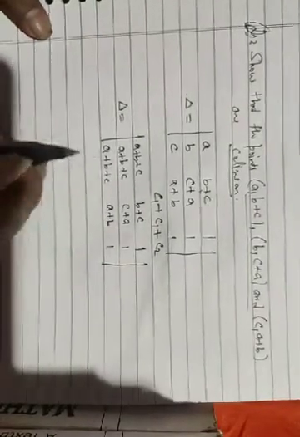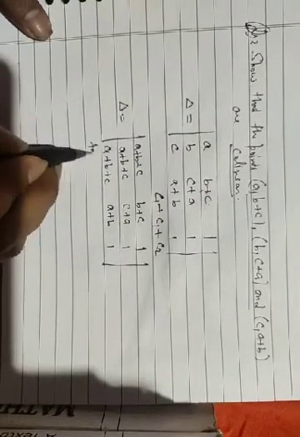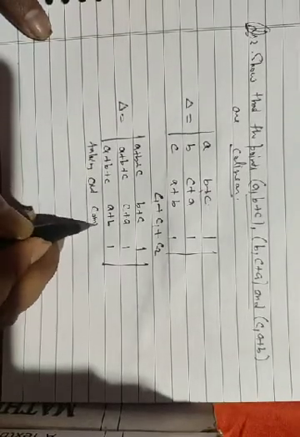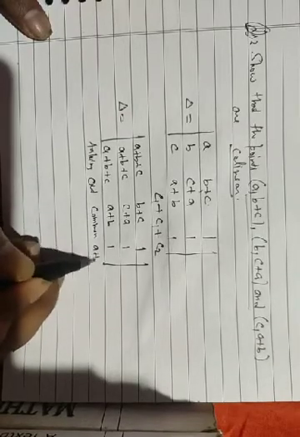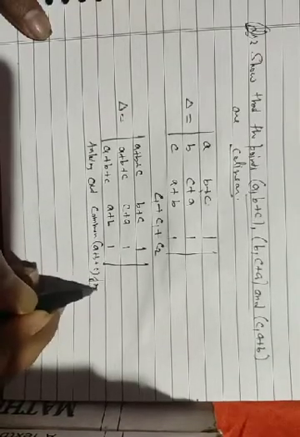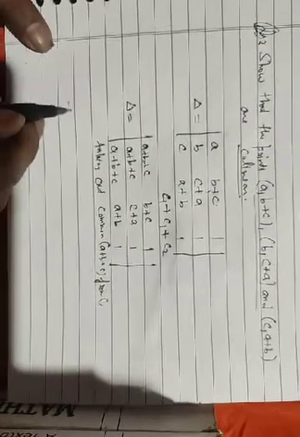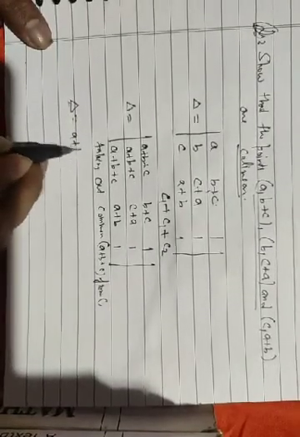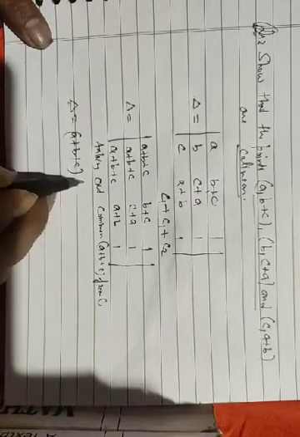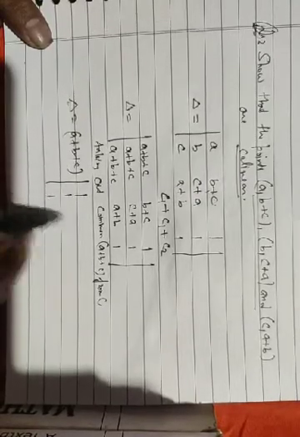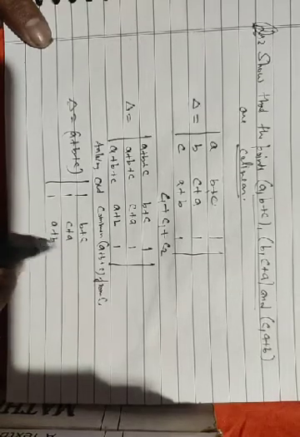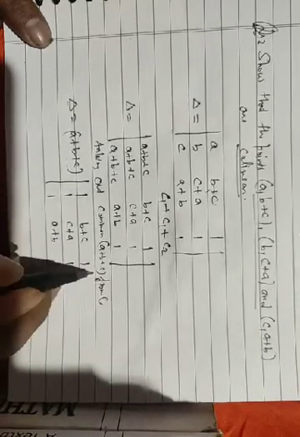Taking out common a plus b plus c from C1, we have Δ equal to a plus b plus c times 1 1 1, b plus c, c plus a plus b, 1 1 1.